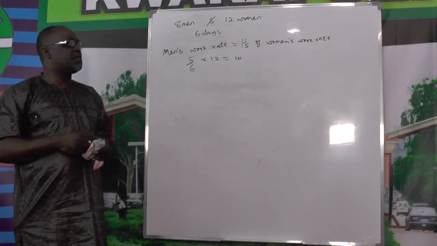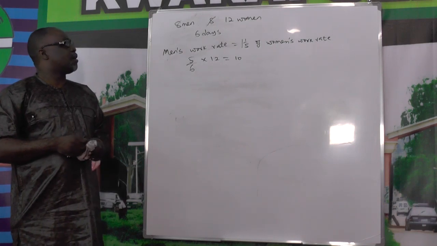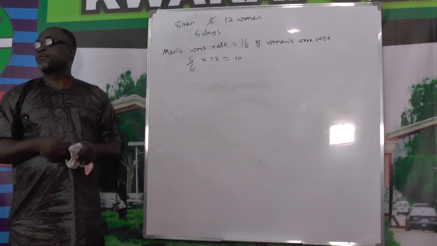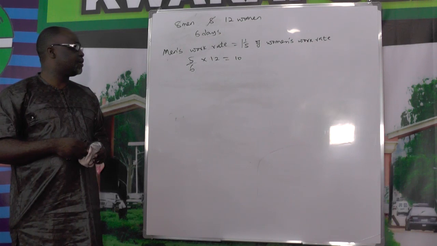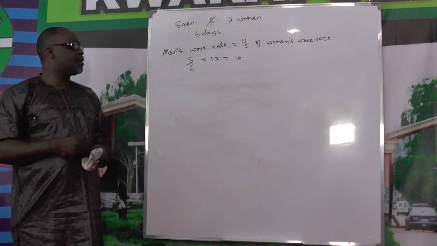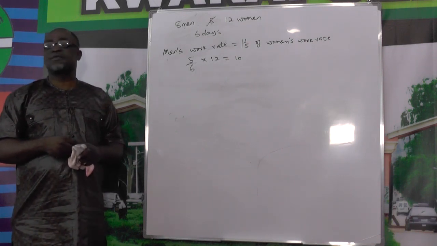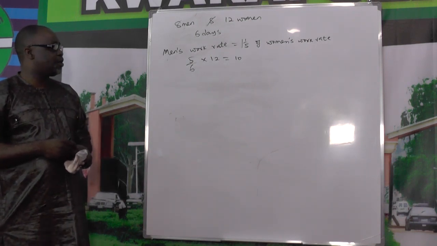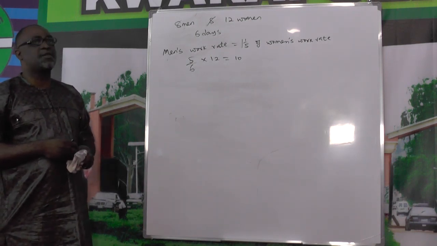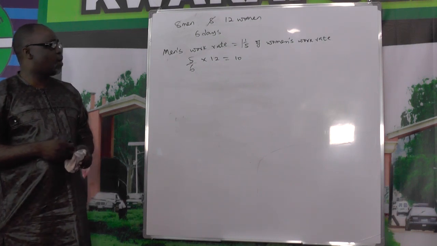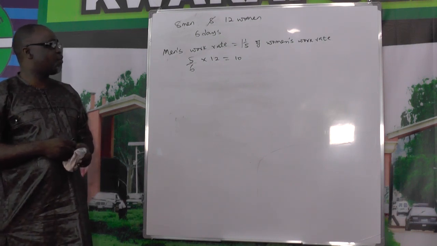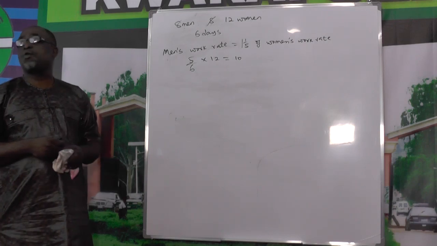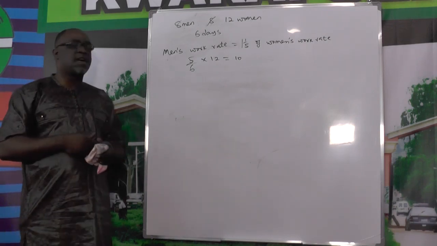How do we get 5/6? When we are told that the men's work rate is 1 whole number 1/5 of that of the women. So when you convert that, you have 6/5. So if the men's work rate is 6/5 of women, the women's work rate will just be the reverse.